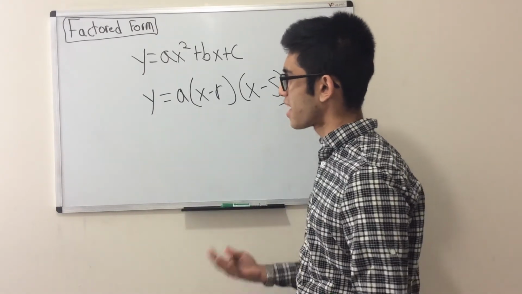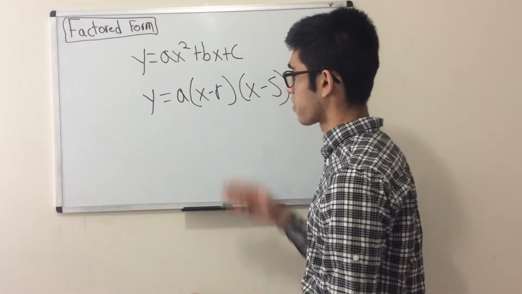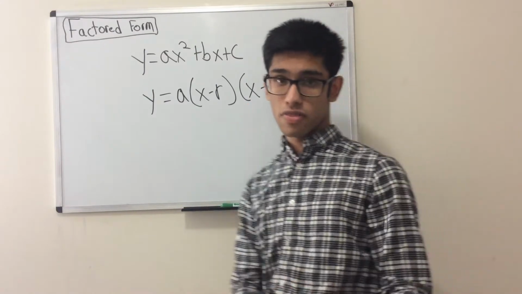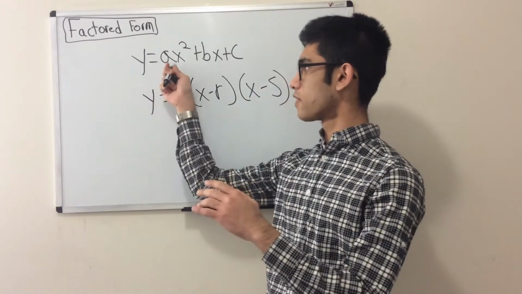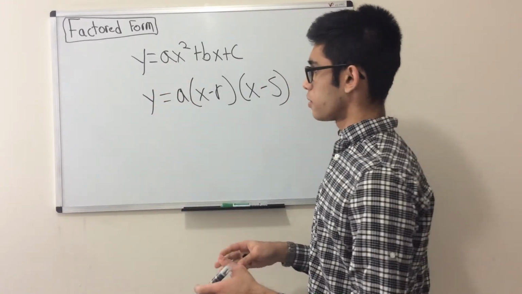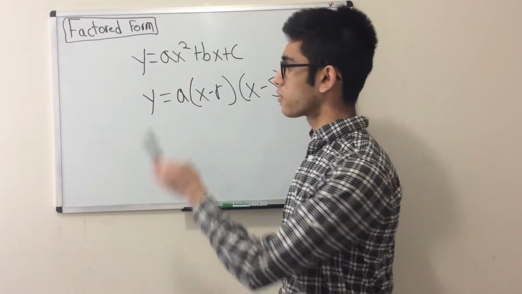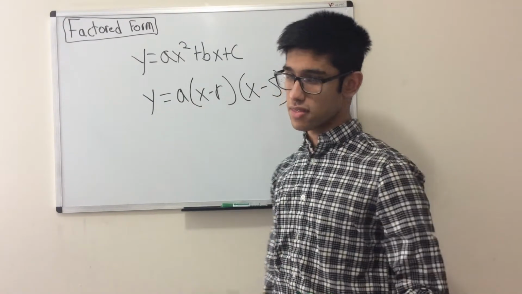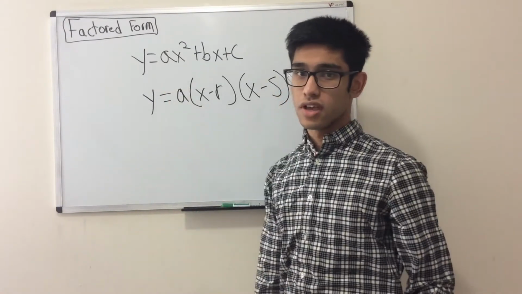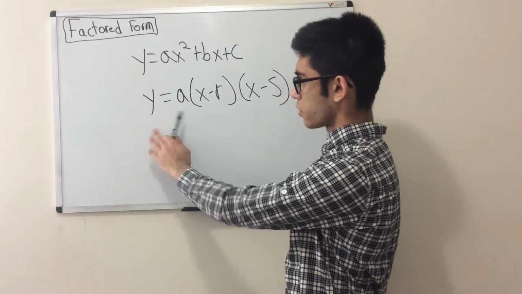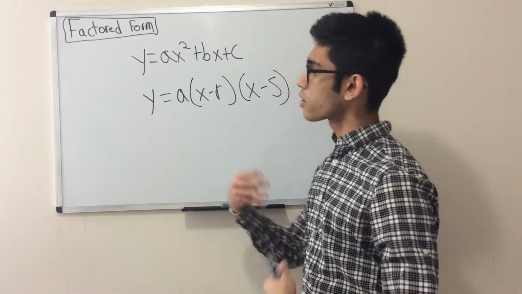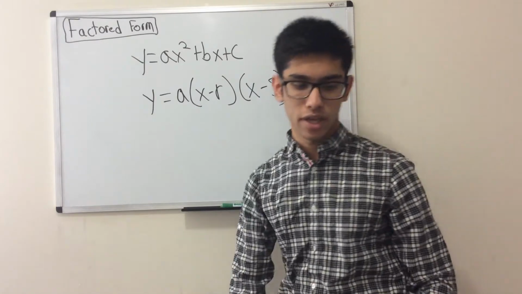And now, what does that actually mean, and what information can this give us? Well, I will tell you one thing. This equation here actually is a little bit more useful than this equation here. So what I mean by that is we can gather a little bit more information from this than we can from this equation. So I'm going to write out a quadratic equation in factored form, and we're going to work through what information it actually gives us.